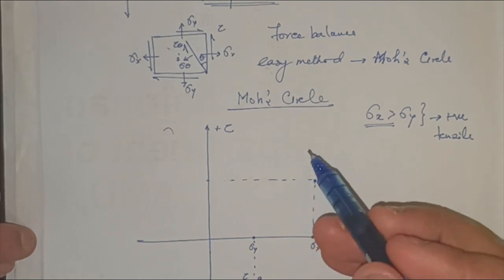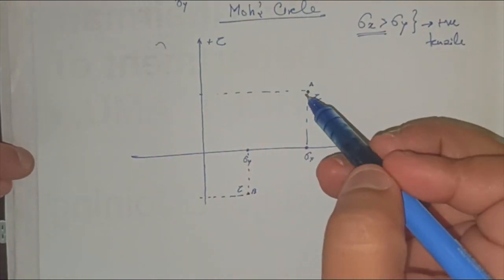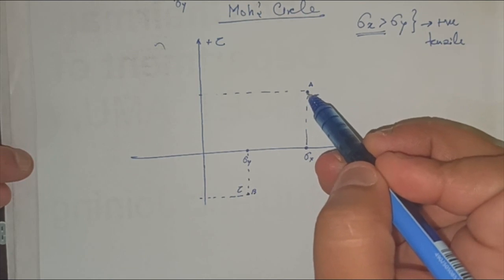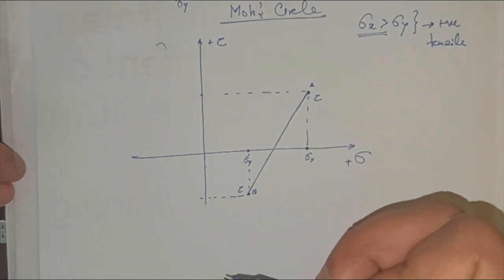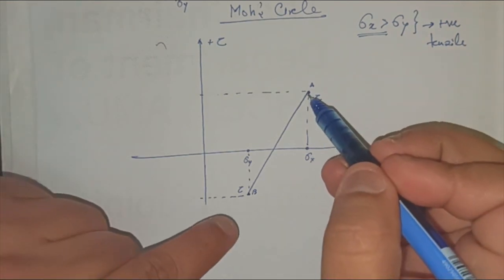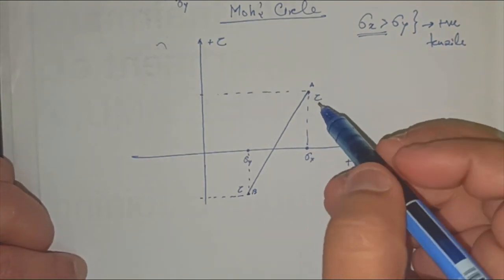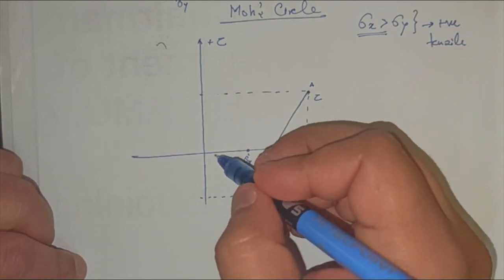Now you join AB by a simple line, and considering this AB as a diameter of the circle, draw a circle from this.